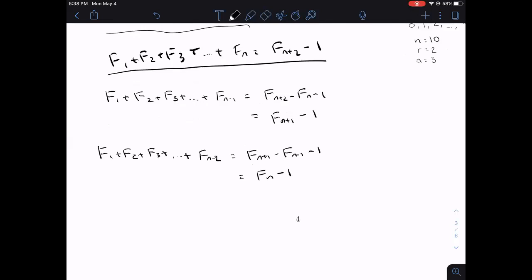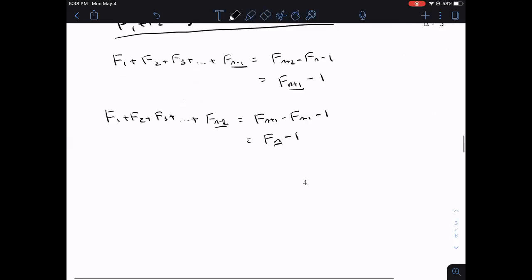And we just keep on getting that this number is 2 less than this number. So we continue until we get F1 equal to F3 minus 1. And this is true because F1 equals 1, F3 equals 2. So that was a check. This is correct.